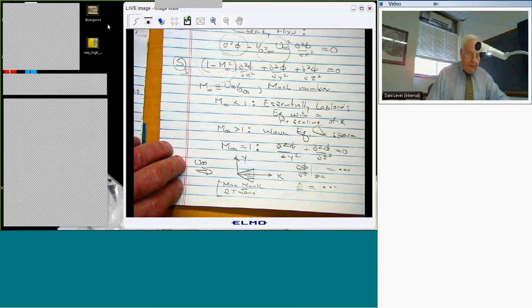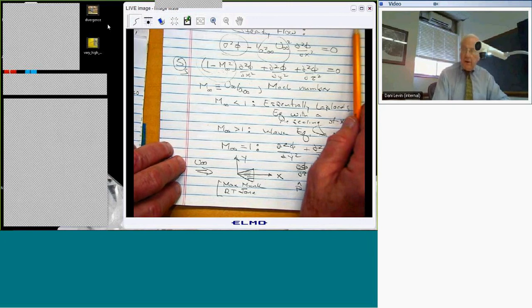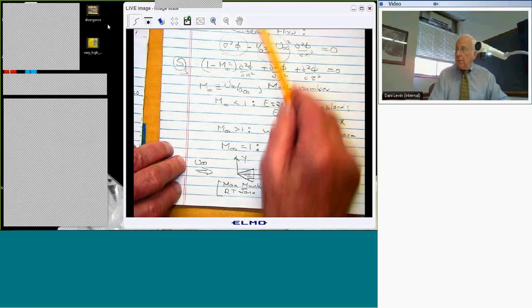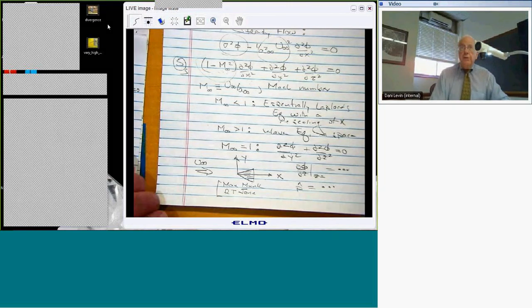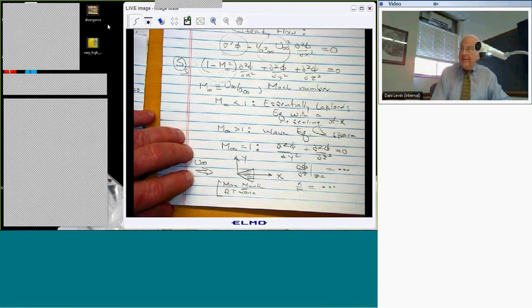Now, what about if you have unsteady flow and you still have a finite frequency and these other terms still appear? Well, what happens in general is that you have both waves. You have waves in time in both subsonic and supersonic and transonic flow. So things get a little more complicated there.